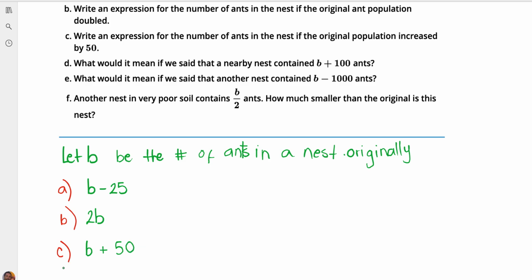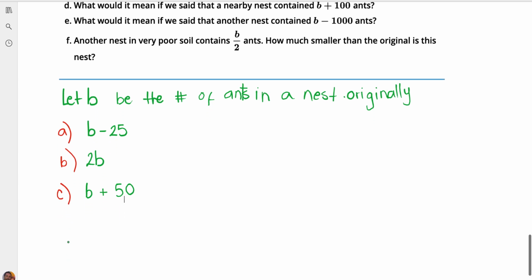Then it says, what will it mean if we said that a nearby nest contained B plus 100 ants? So what does it mean? I'm going to write it down here. It means, I'm not going to write it all because it takes forever to write with these pens, but you can write it there.